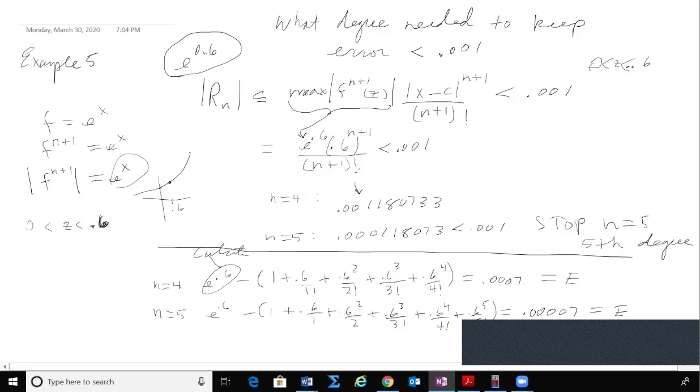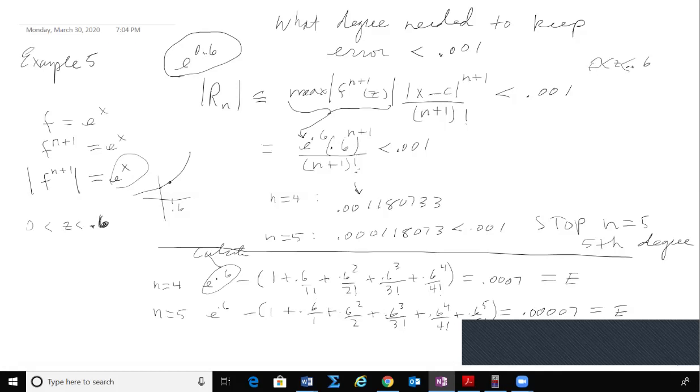n equals 5 gives a really low error, which is way below the threshold, 0.001. It's way below that. So you can see we got a really conservative estimate here by using a 5th degree approximating polynomial.